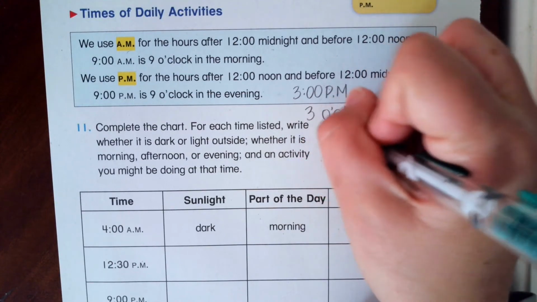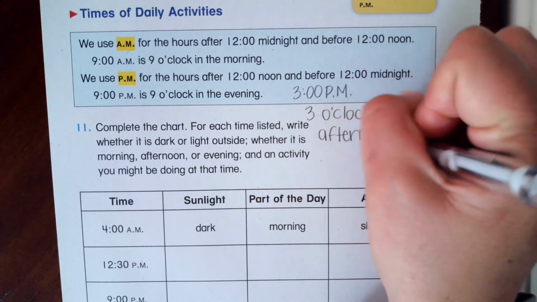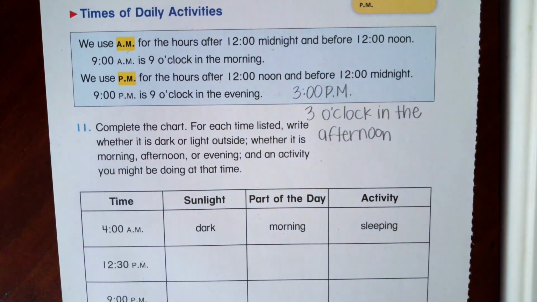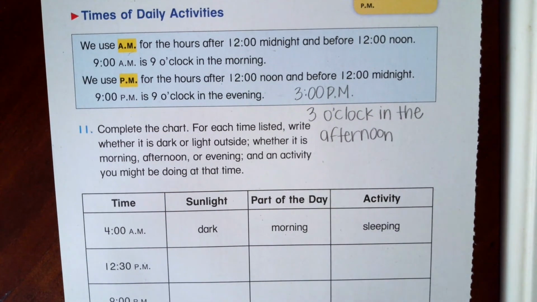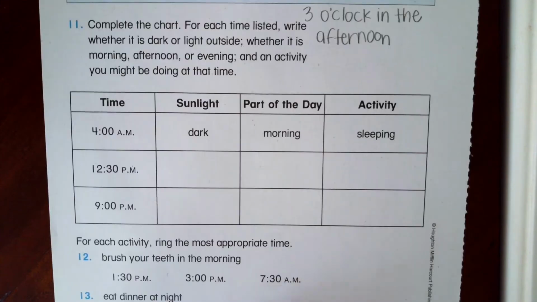So PM can mean afternoon or evening, okay? And I think that you just need to kind of practice this. And the more you practice it, the better you're going to get with it. Okay. It is a little confusing. I understand. So maybe this chart will help.